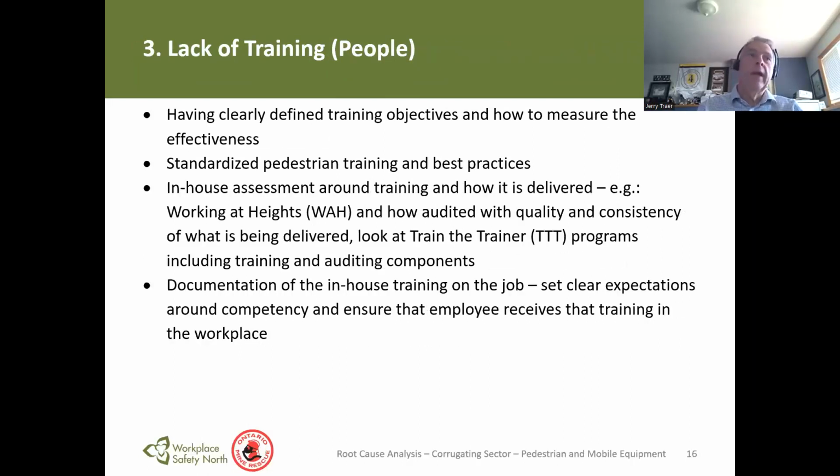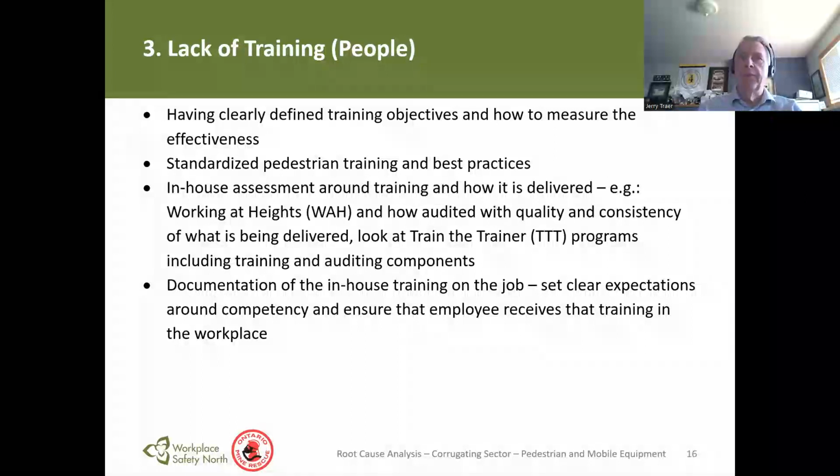So carrying on, we got into the area of lack of training, having clear defined training objectives, how to measure that effectively, having standardized pedestrian training, best practice, doing some in-house assessment around training and how it's delivered.